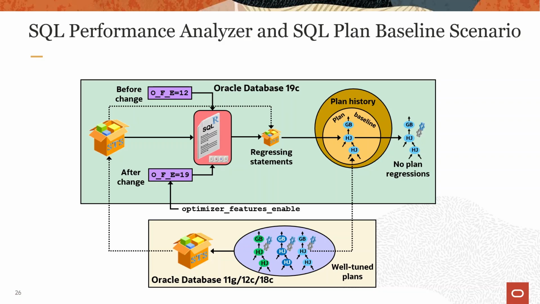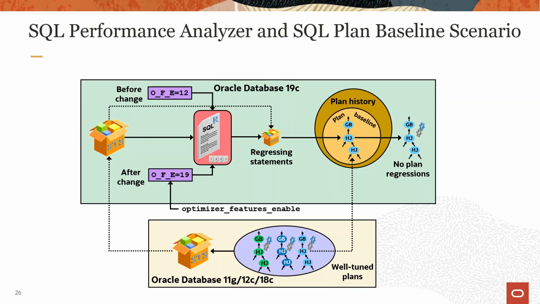And for those statements that show regression in performance because optimizer_features_enable is set to 19C, in fact, for those statements, I'm going to upload the plans that come out of the tuning set of my 11G, 12C or 18C database into their plan history.